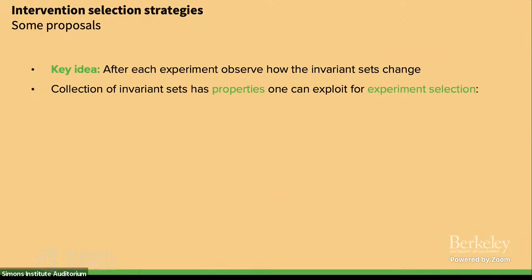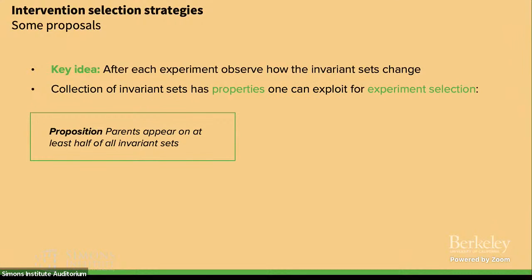So now the key idea here is that we can look at how these invariant sets behave as we add interventions, and they have properties that we can exploit for selecting experiments. One thing is that parents appear in at least half of all invariant sets at any stage, no matter what the environments are, and no matter whether I intervened on a parent or not.